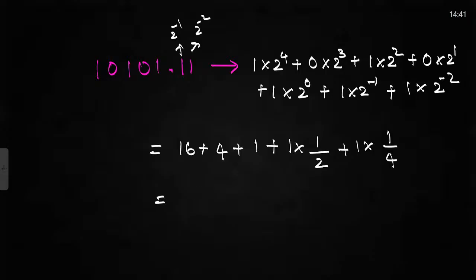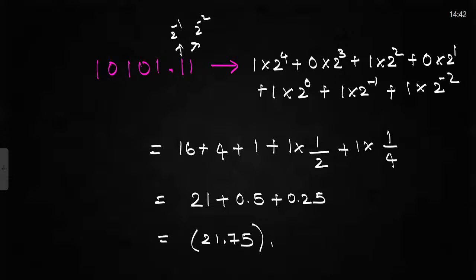That gives me 21 plus 0.5 plus 0.25. So my decimal equivalent is 21.75.